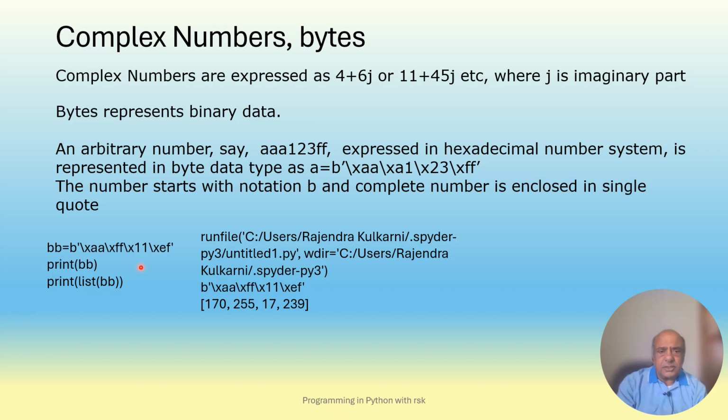This is the hexadecimal number which we have assigned to a variable named BB. When this print BB statement is executed, the value that is displayed on the console is this much. The same value we have written, exactly in the same format.